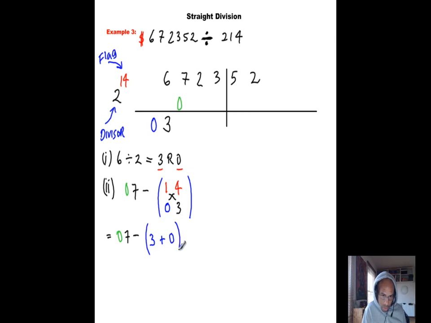Okay, try and remember that. You just cross multiply and add them up. Otherwise the diagram's going to get too messy. So this is 7 take away 3, which is 4. And that's looking nice. That's just simply 4.